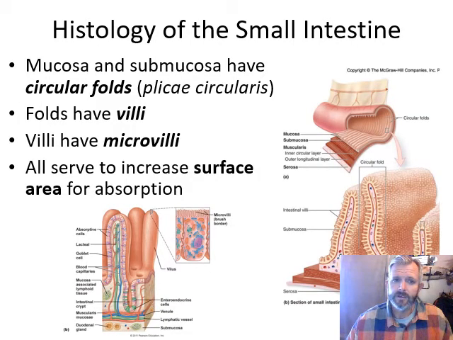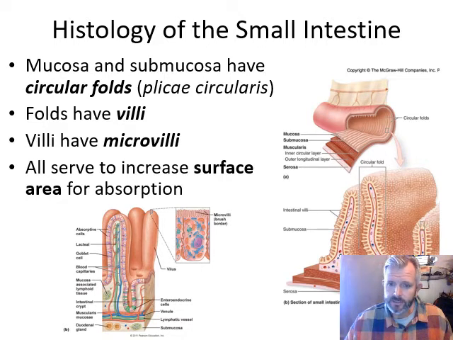Okay, but let's first look at the histology of the small intestines. If we cut into it, you'll see these kind of ridges as you move through here. Those are the circular folds, or remember from your anatomy days, the circular folds here.